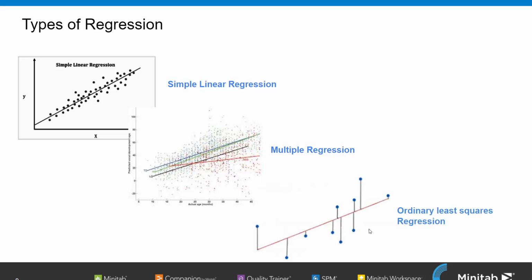And there is one more, ordinary least squares regression, which is calculated by determining the equation that minimizes the sum of squared distances between the sample's data points and the value predicted by the equation. So here this distance is minimized in ordinary least squares regression.